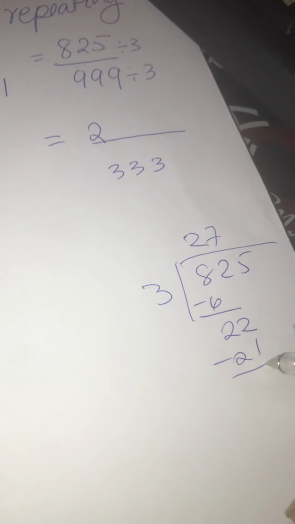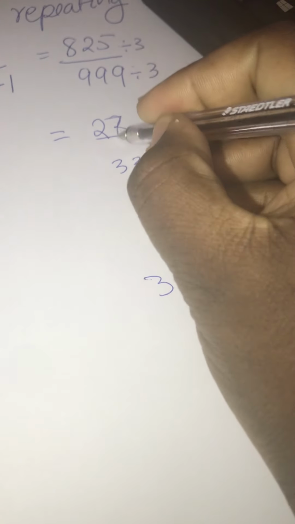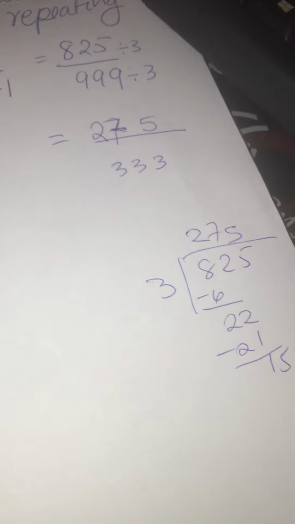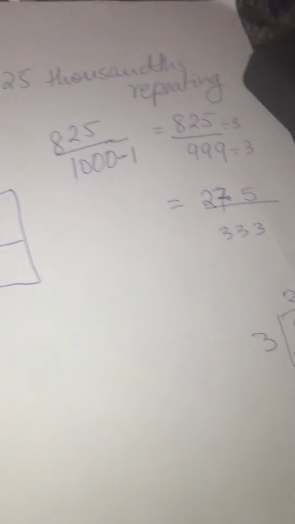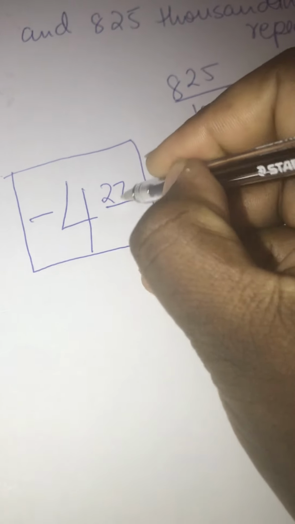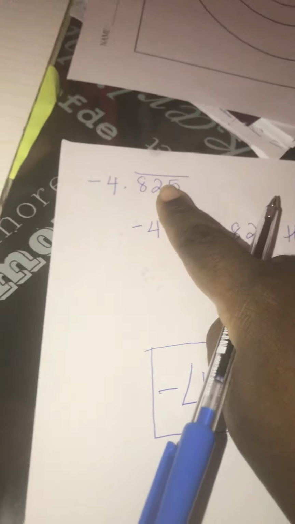You minus, you get 275. 275. Then, no, because this is 9 plus that is 13. No. So there's no other common factors. So then 275 over 333. This is your answer.